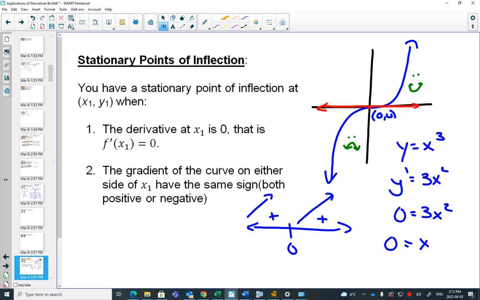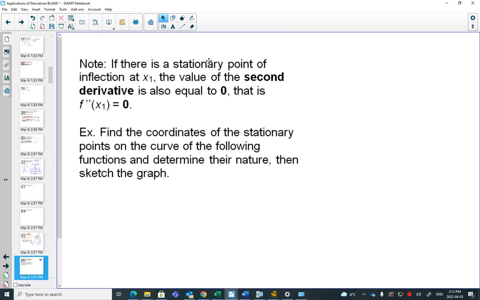But it doesn't stop increasing. And what's going to always happen is if there is a stationary point of inflection at a certain point, here I chose x1, the second derivative will also always be equal to 0 at that point.